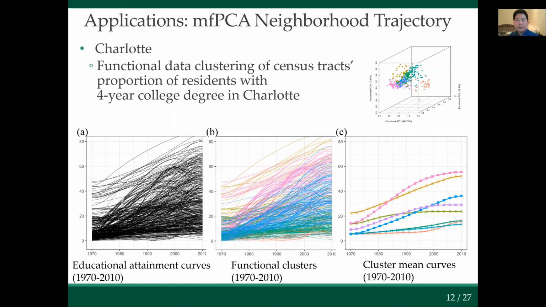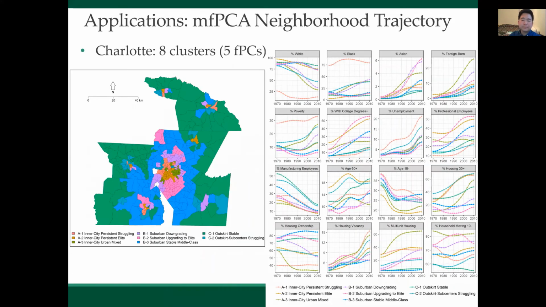I applied the functional PCA, and I was able to identify curves with similar longitudinal patterns, which are coded by color. I averaged curves by the identified clusters to represent major neighborhood trajectories. My new model identifies 8 neighborhood trajectories in Charlotte.